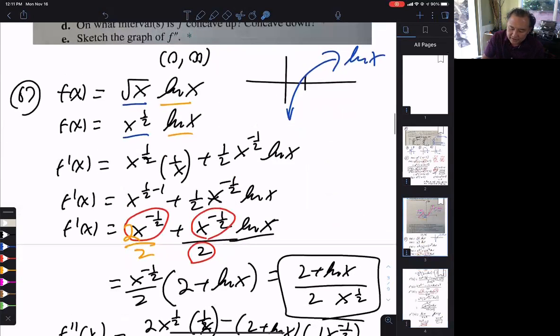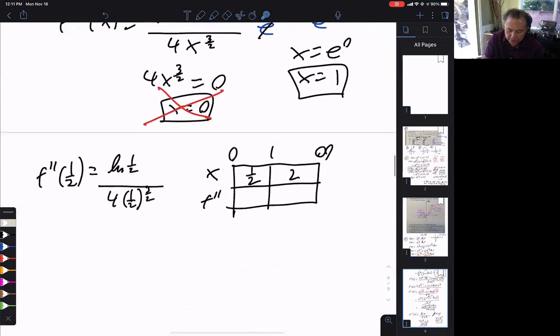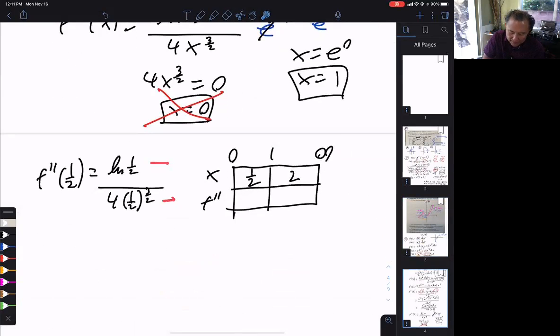Here's the graph of ln. That's 1, 0. At 1/2, it's negative between 0 and 1. You should know ln is negative between 0 and 1. So this will be negative on top. The bottom's positive. A negative divided by a positive is negative. So you know now between 0 and 1, the second derivative is always negative.